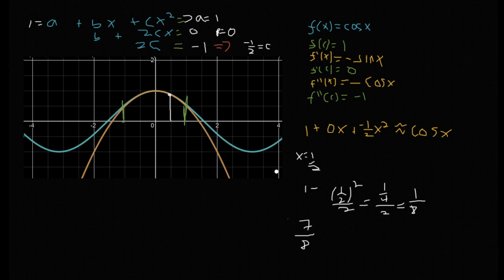And I will check what it is for 1/2. Cosine of 1/2 radians is equal to 0.8776.